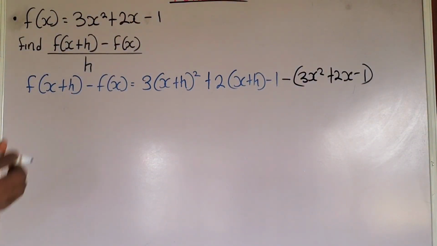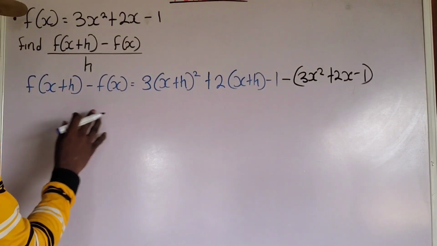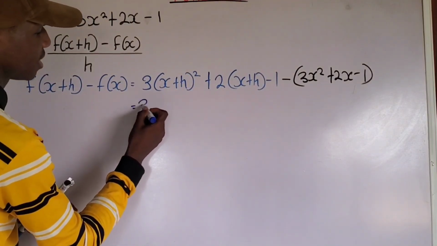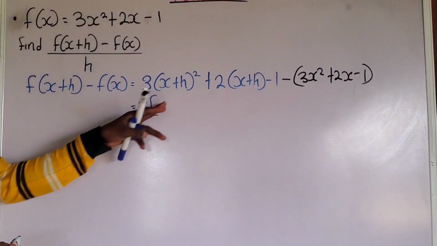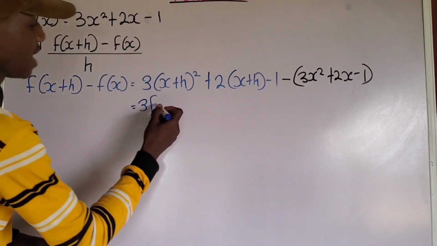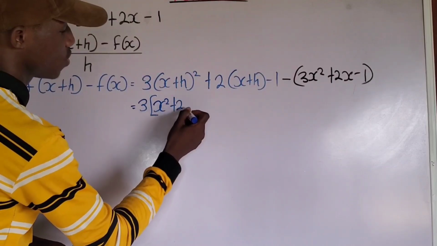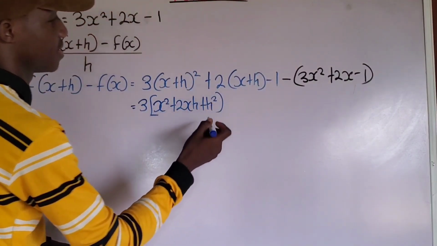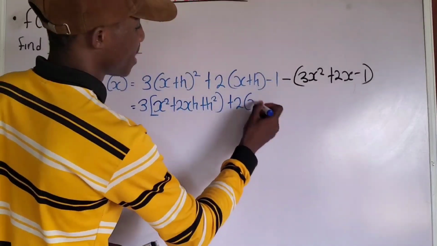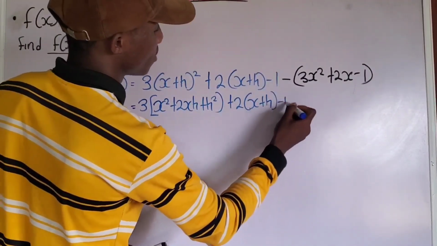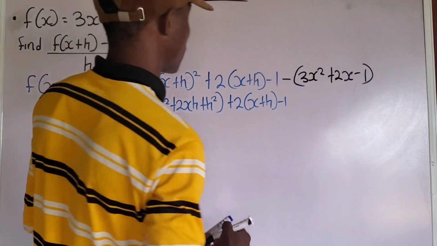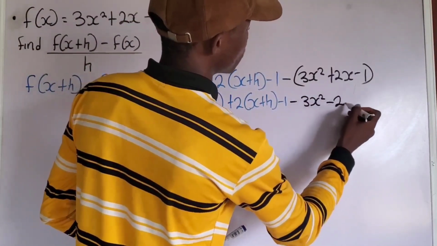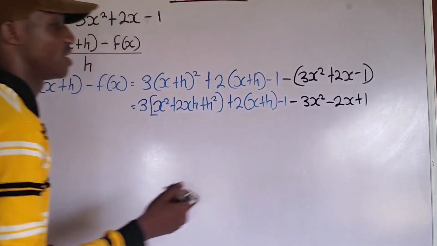Now, don't forget that we are still dealing with the numerator, okay? So for this, I'm going to have 3 multiplied by, now, if you expand this bracket, you're going to have x squared plus 2xh plus h squared, you understand? Plus 2 multiplied by x plus h minus 1, okay? Now for this, we're going to have minus 3x squared minus 2x plus 1, okay?